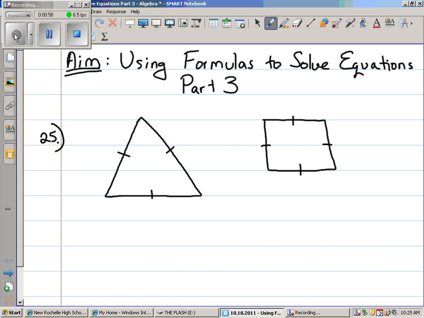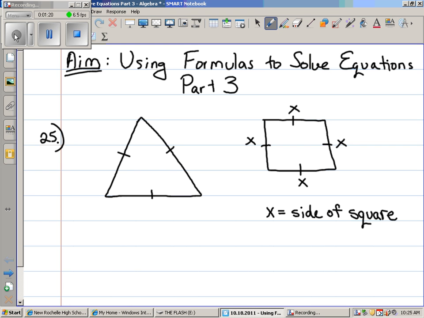So let's label it up. Since the square has all the same sides, we're going to label each side x. And we're also going to write that down because there's going to be lots of stuff that we need to keep track of. X equals side of square. Yep, x is going to be the side of the square.